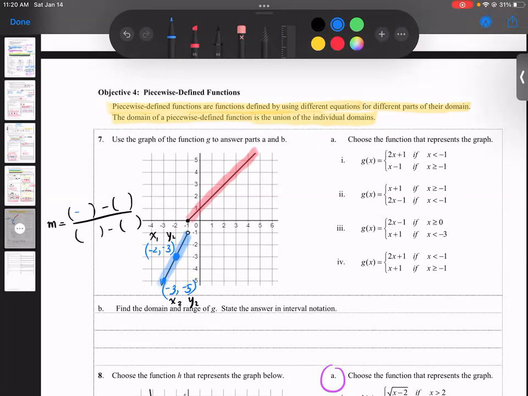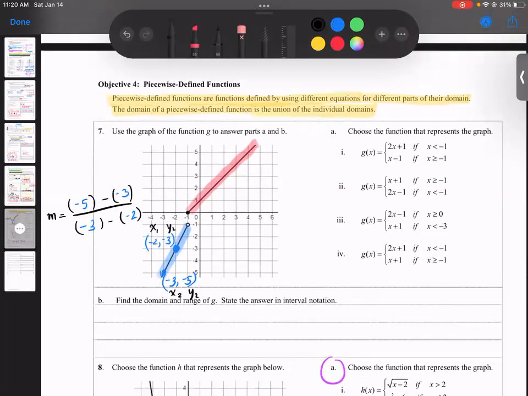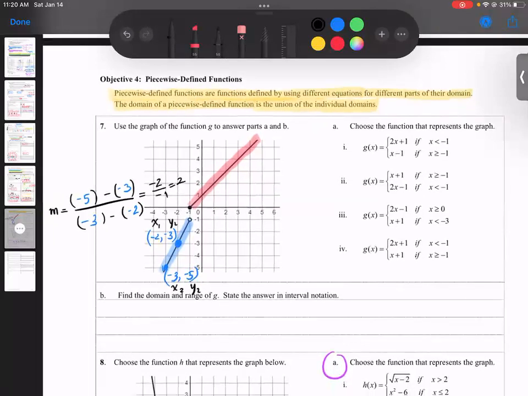So y2 is -5, y1 is -3, x2 is -3, x1 is -2. -5 minus -3 means -5 plus 3, so -2. -3 plus 2 is -1, so -2 over -1 is 2. Slope is 2.